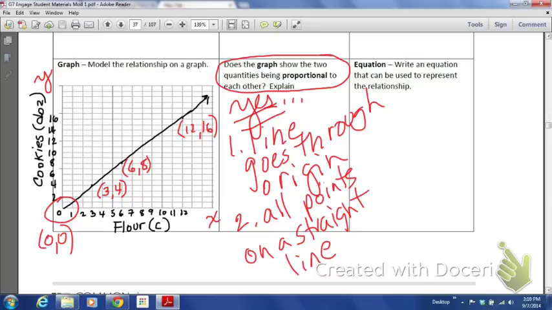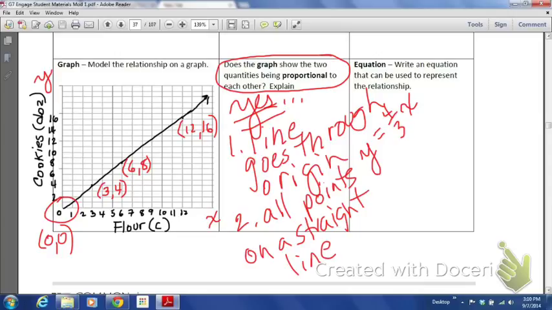So if we were going to write an equation for this, we could use D and F for dozens and flour, or we could use our x and our y as well. So if we said y equals 4/3 x, we can do that.